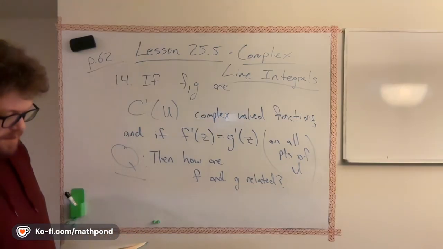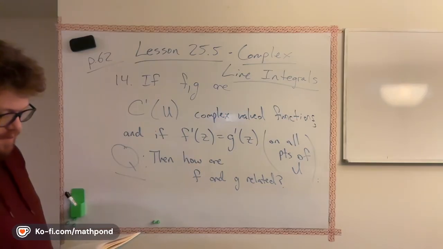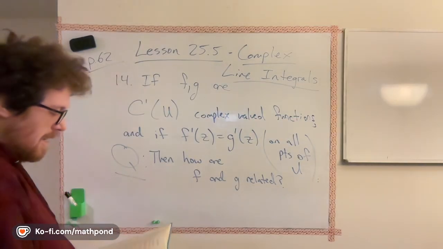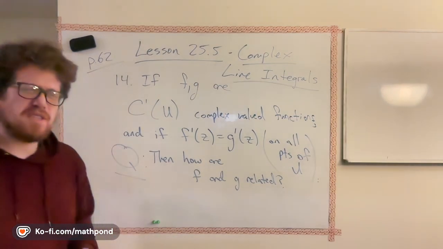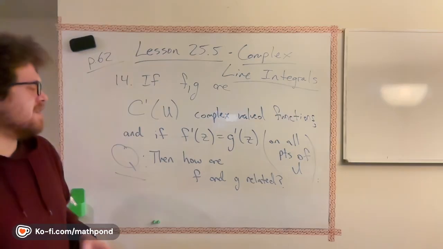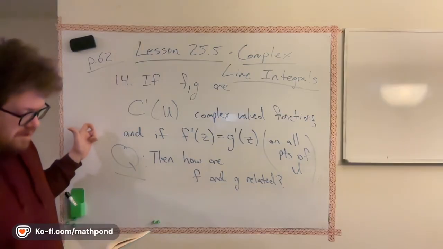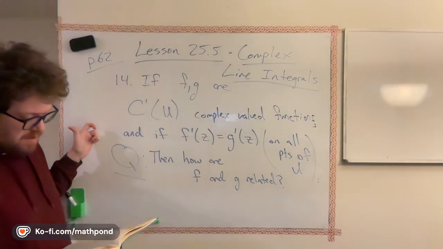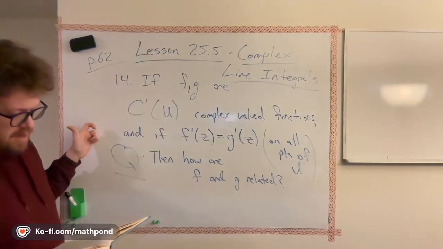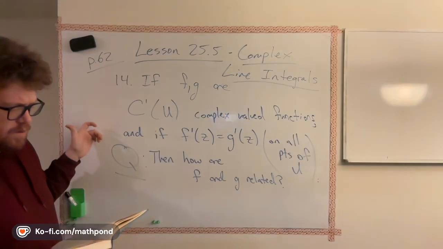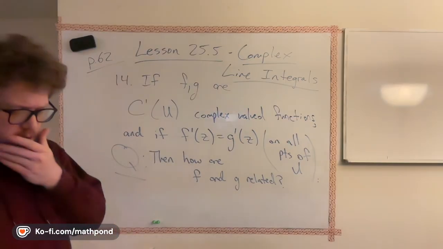Oh, wait, actually, maybe they mean something more general. f prime and g prime exist on U. I'm guessing they mean that df dz bar is 0, but I'm a little unclear with the way they're wording it. I'm not really sure actually.